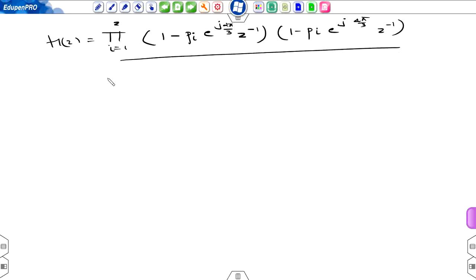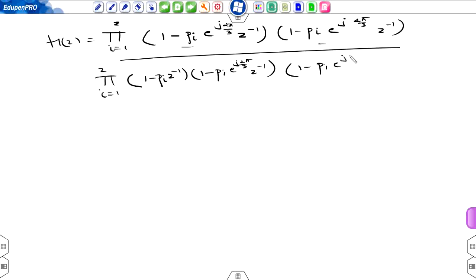Similarly in the denominator, i equal to 1 to 2, putting k equal to 0, so 1 minus p_i z inverse, okay, and this term as it is for k equal to 0; for k equal to 1 this term, 1 minus p_i e raised to power j 2 pi by 3 z^-1; and for k equal to 2 this term, 1 minus p_i e raised to power j 4 pi by 3 z^-1.